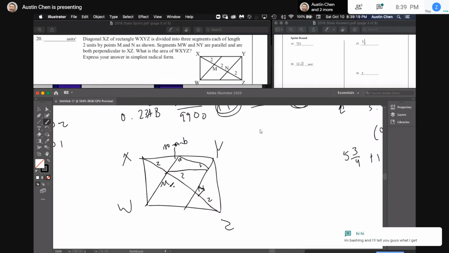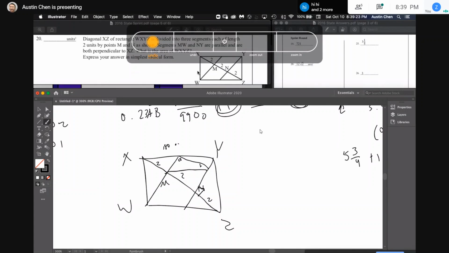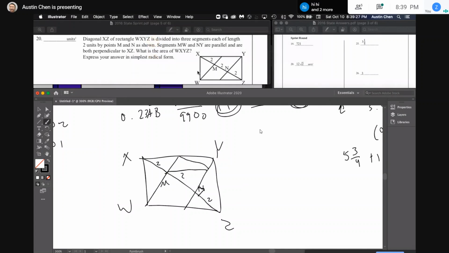The thing that's defining this rectangle is the fact that when you draw perpendiculars on the trisectors, it intersects the segments. That's the important part of this graph. Otherwise, you can just find some random rectangle that fits this.